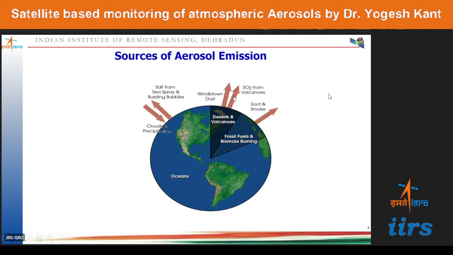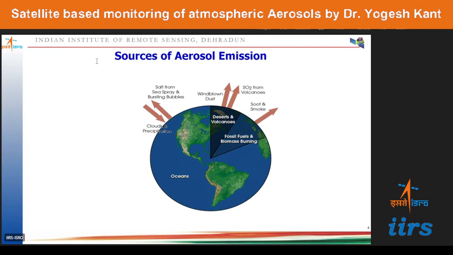Now the sources of the aerosols: these are natural sources as well as anthropogenic sources. The natural sources are mineral dust, forest smoke, sea salt. Of course, sea salt is a large proportion, more than 72% are sea salt aerosols. Volcanic ash.